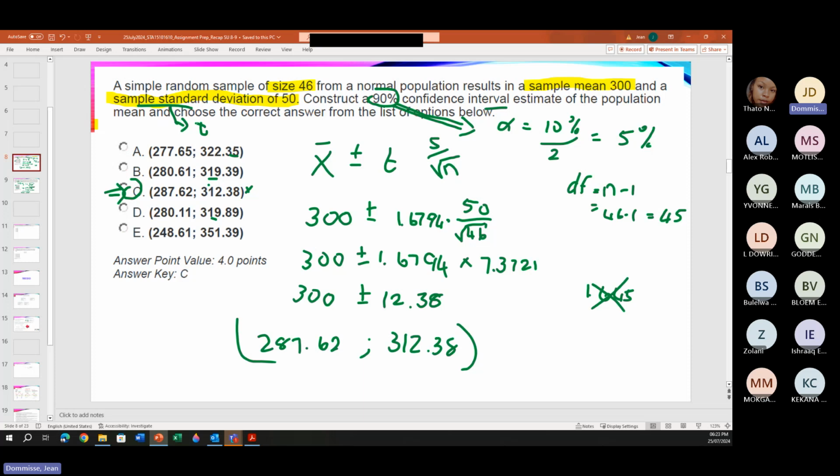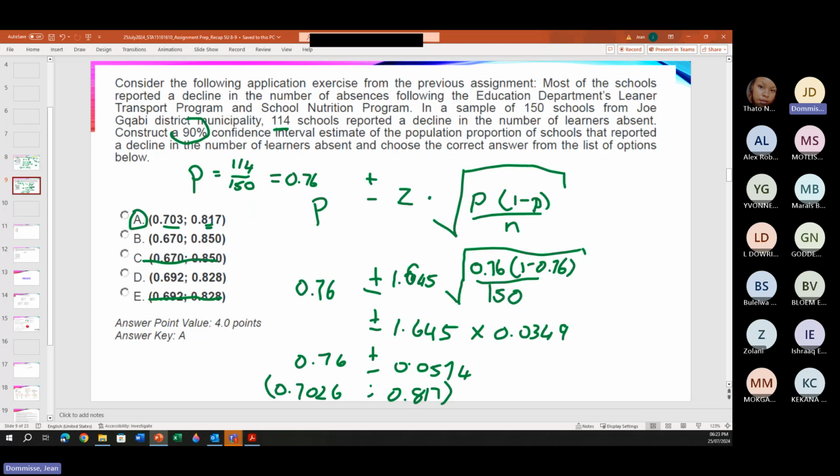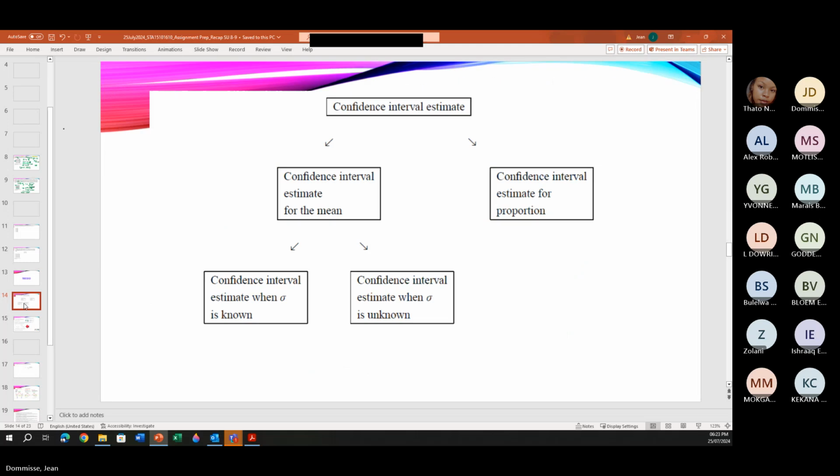In this one, because it's a proportion, it's always a Z. So quickly I just want to show this, and it's good that you ask it again.